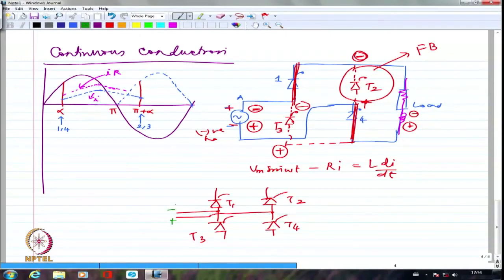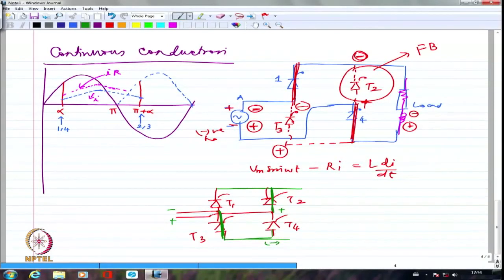Now I'm not unduly bothered about the load. T2 has taken over, I have given it a pulse. T3 has taken over, I have given it a pulse. Now, this is plus, so automatically I'm going to have plus here. This is minus. This minus is going to be connected through this to the minus here.